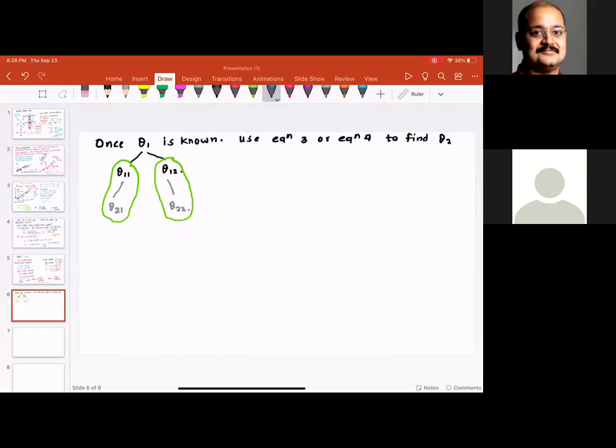Imagine that you have your robot arm, and your robot arm end effector is over here. This is the joint. This is the end effector position. This end effector position can be achieved by this value, or the same end effector position can be achieved by the other value.